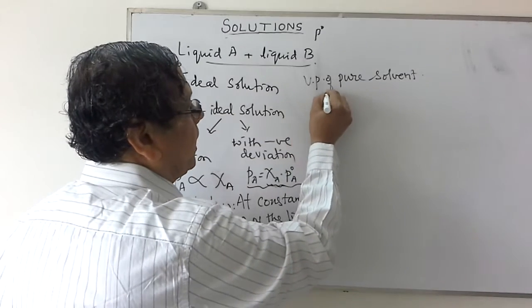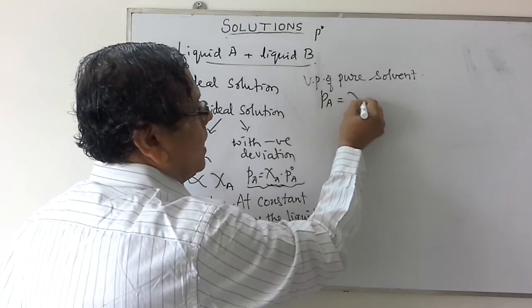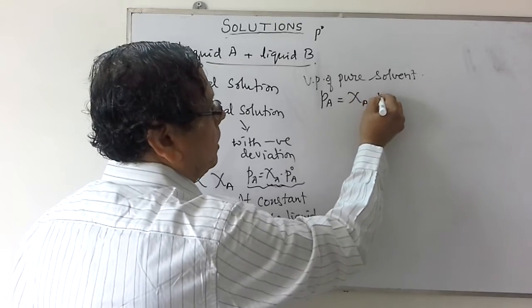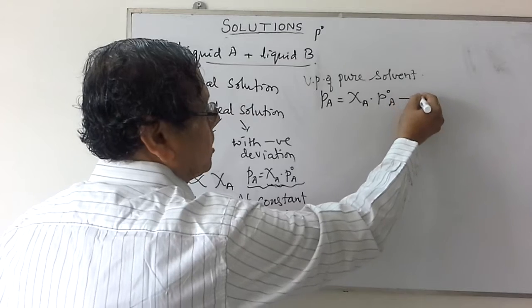Similarly, I will rewrite this one as PA is equal to chi A into P0 A. This is, let us say, equation 1.